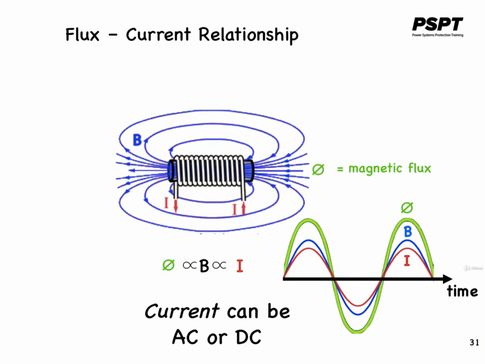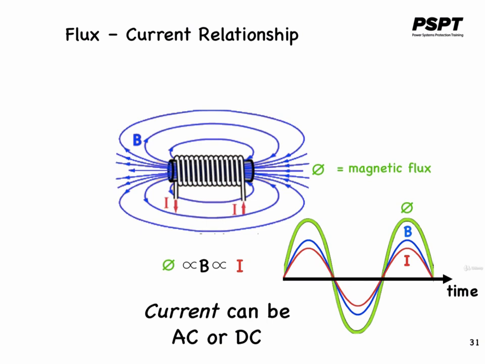When the flux and flux density are at a positive maximum, the related current is at a positive maximum. And when the flux and flux density are at a minus maximum, the related current is at a minus maximum.